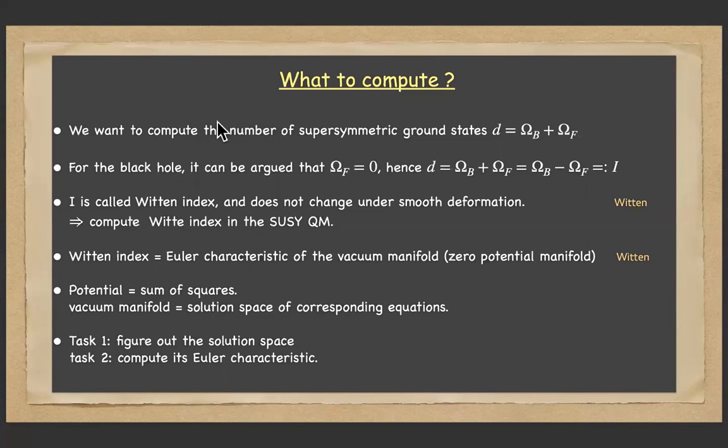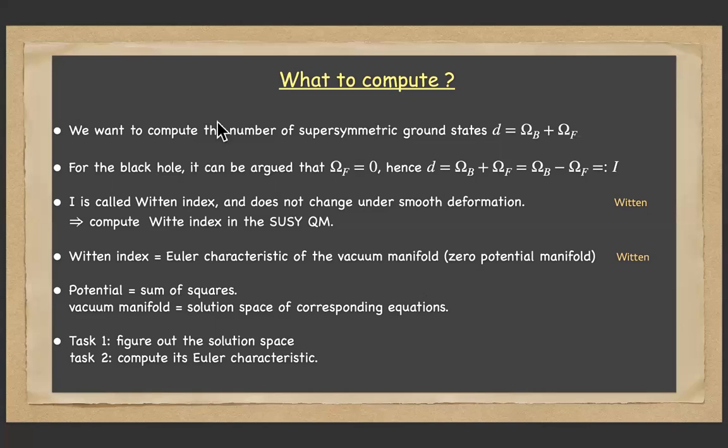This trivially implies that the sum of the bosonic and fermionic states is the same as their difference. But the point here is that their difference, which is known as the index, does not change under smooth deformation of the supersymmetric quantum mechanics.